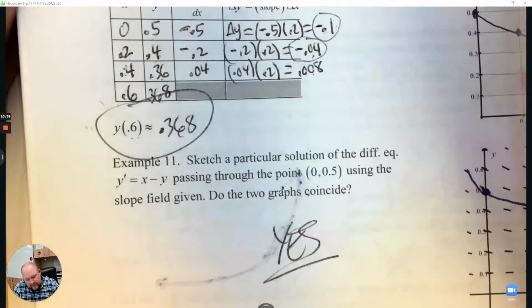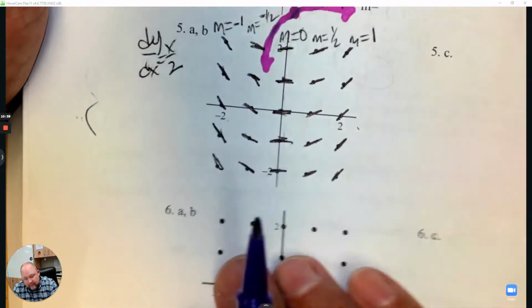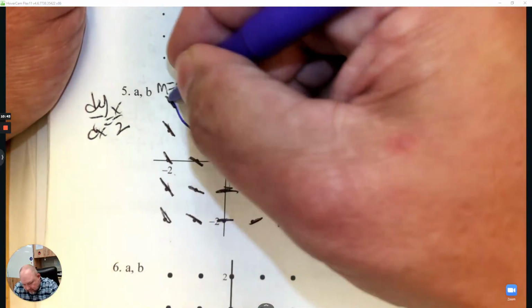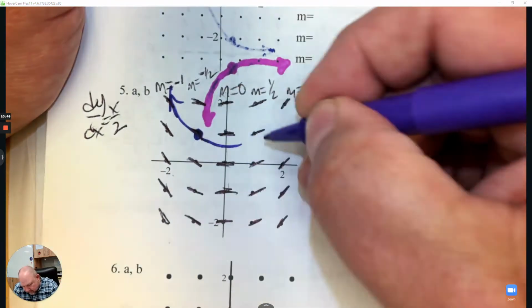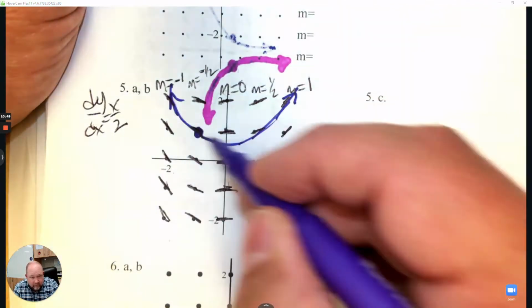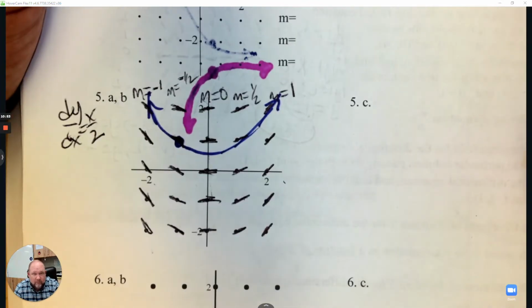And then in part B it says, draw the solution passing through negative 1, positive 1. So you can see what's happening there. You can see what's happening here. And again, I'm very aware that here is 0, so it's going to turn there where there's a horizontal tangent or slope.